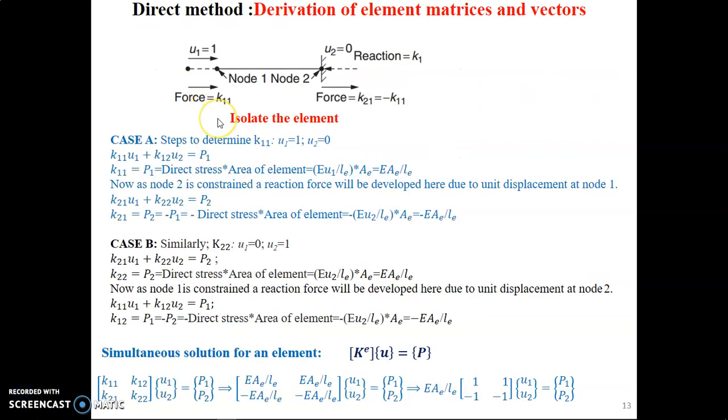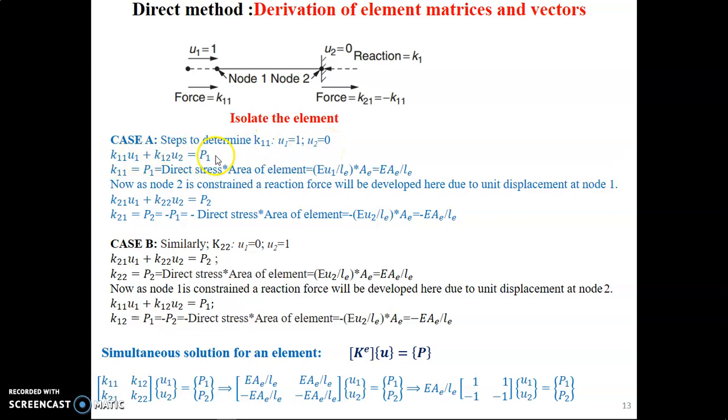So by now we have defined the stiffness matrix for the first element, and it is expressed in terms of K11, K12, K21 and K22. Now we need to find the value of K11. By definition, K11 is the force required at the first node to produce unit deflection at the first node, meaning U1 is equal to 1, while the other node is constant, that is U2 is equal to 0.